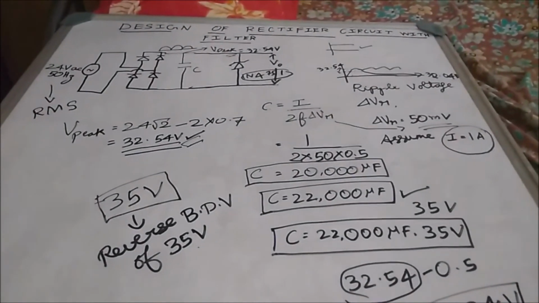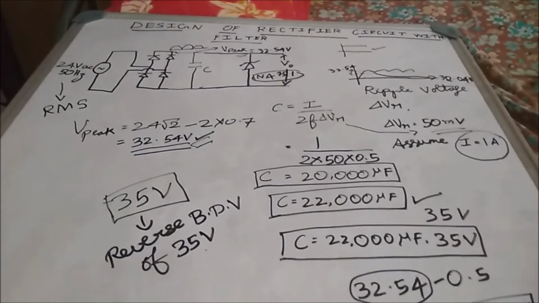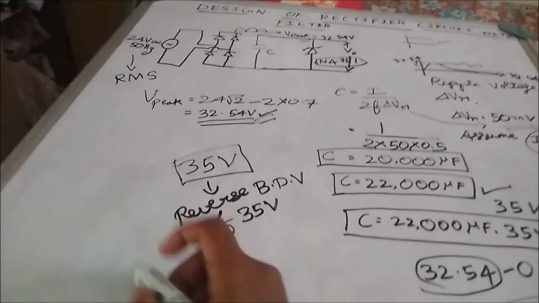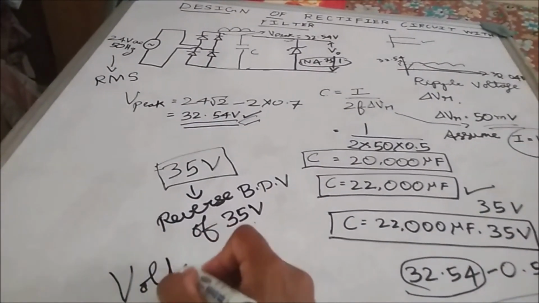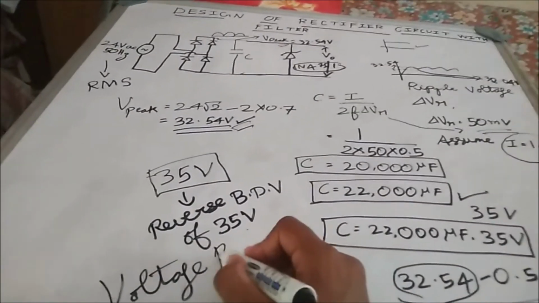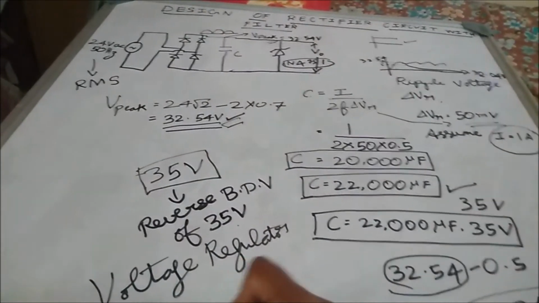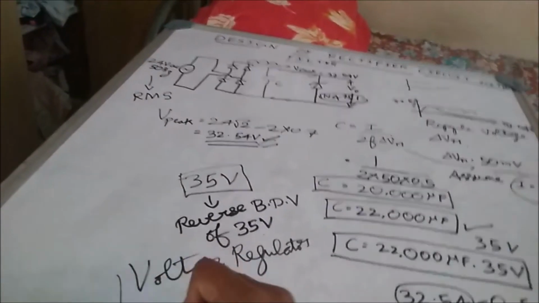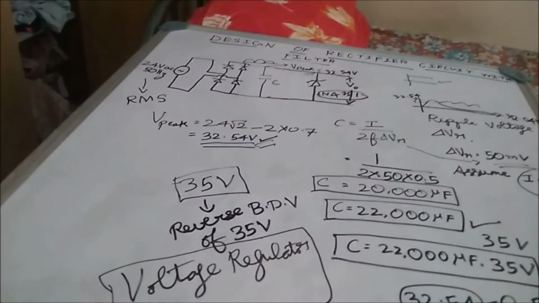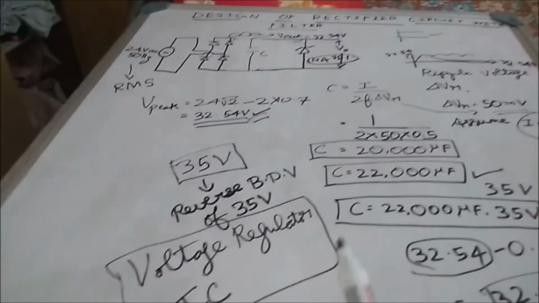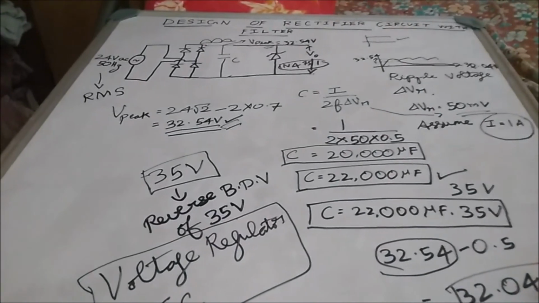Instead of a Zener diode, most of them use a voltage regulator IC to get the regulated output voltage.